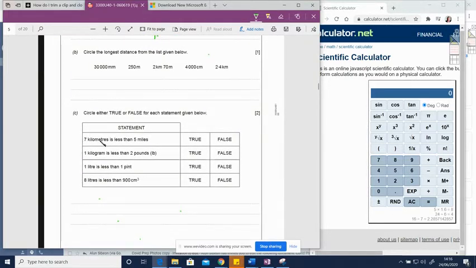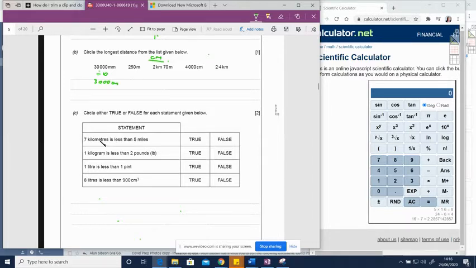Part B, circle the longest distance from the list given below. So again, we'll have to change them all to the same units. And here I'm going to change them all to centimetres. So this first one, 30,000 millimetres. Well, I know there's 10 millimetres in a centimetre. So if I divide that 30,000 by 10, it gives me 3,000.